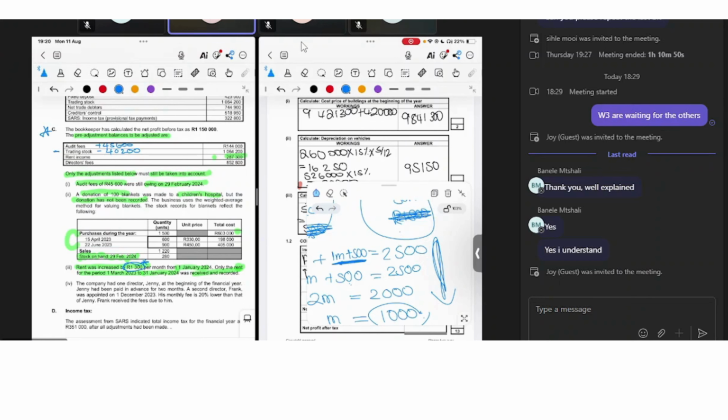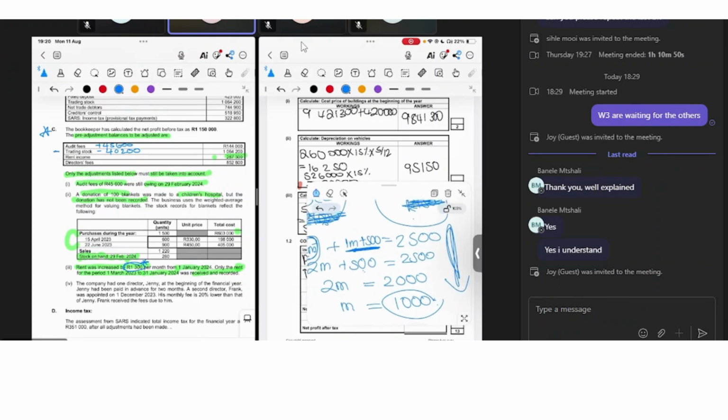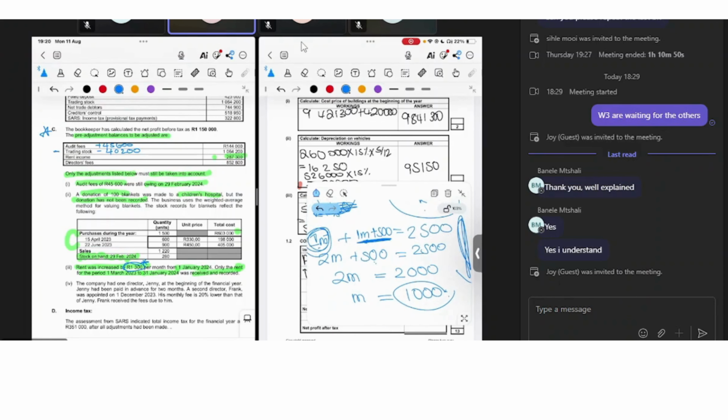But I still have to ask something because I was calculating with you. On the second calculation, the 2M, from the first M, you said the 1M plus 500 Rand, which in a month we were paying 1,000 Rand, so 1,000 plus 500 will be 1,500.